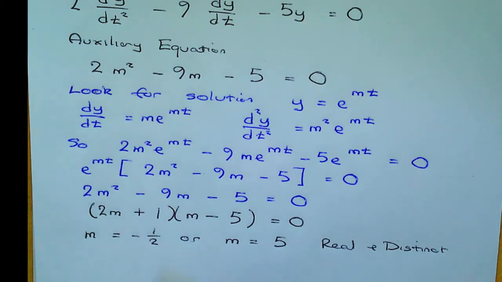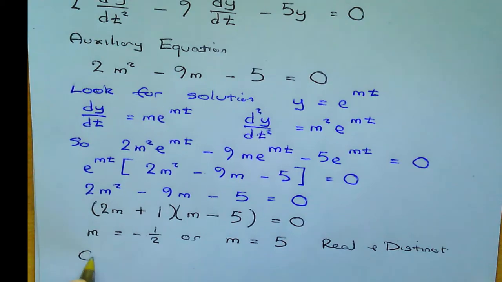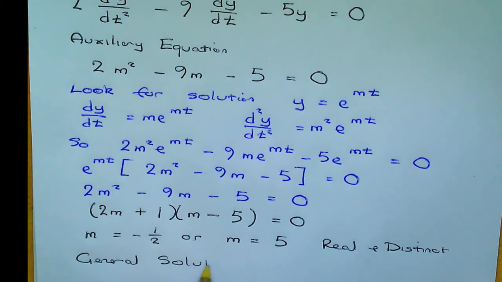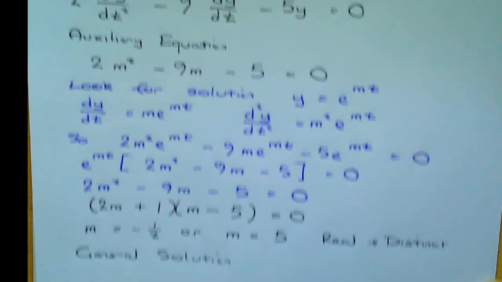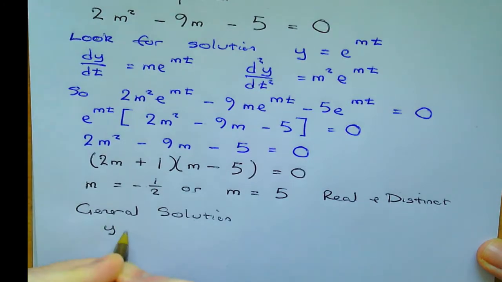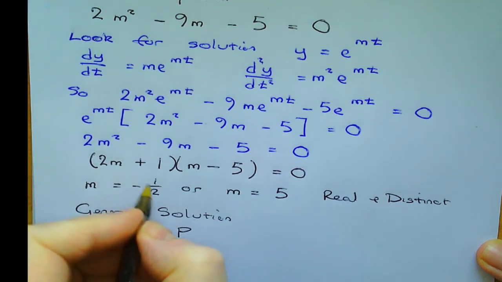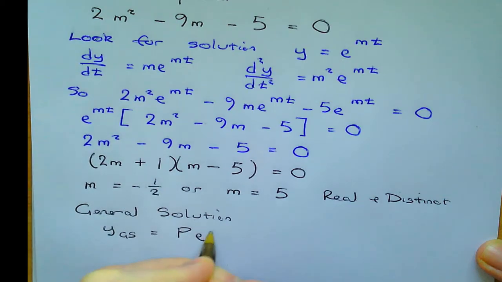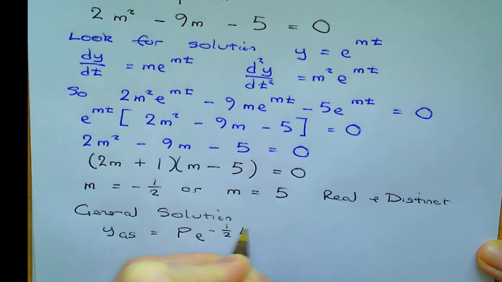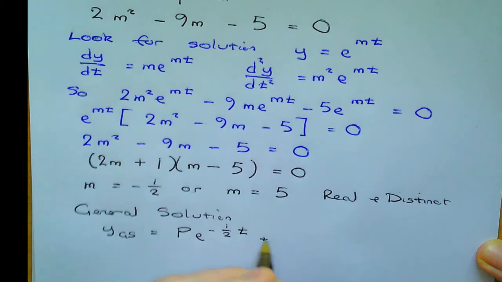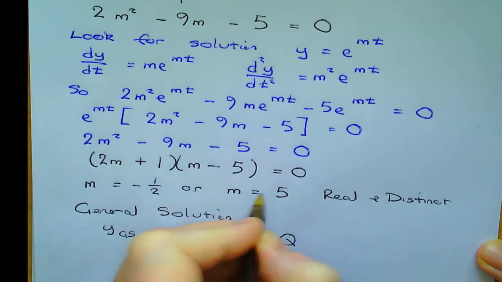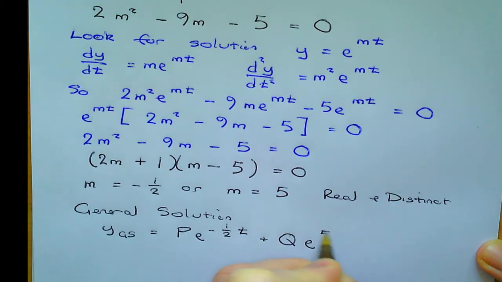So now, on the basis of knowing those values of m, we can write down our general solution, and this general solution, YGS for general solution, will be 1 constant p times e to the minus a half times t plus another constant q times e to the 5t.